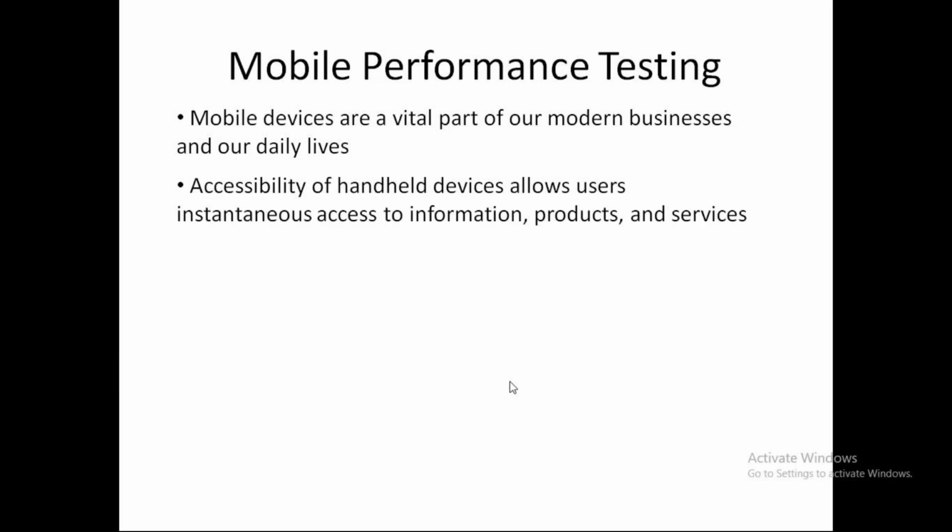If I want to know about any products, then I will again go to my mobile device. If I have to check any services, let's say the flight timings, or if I have to check my emails or the train timings and all, everything as of today, I will go to my mobile device.